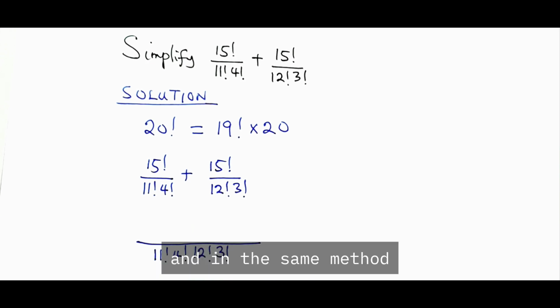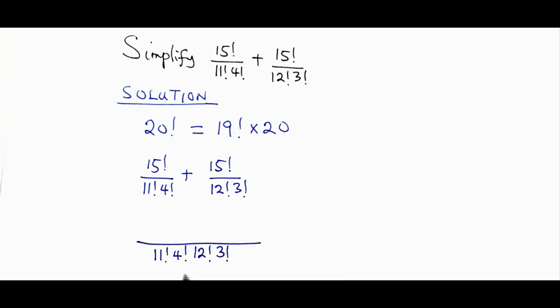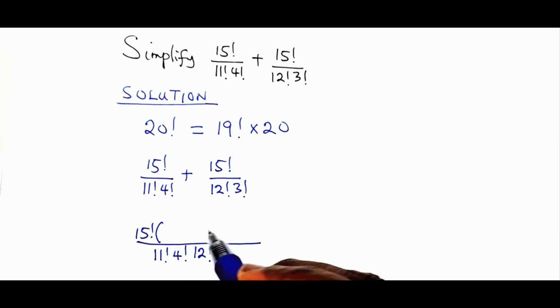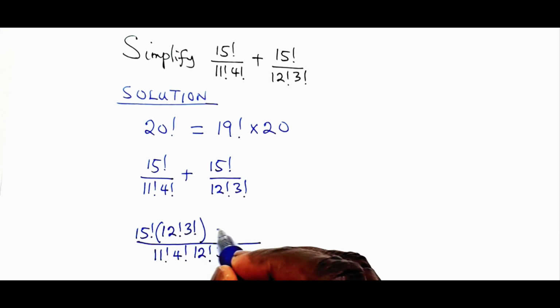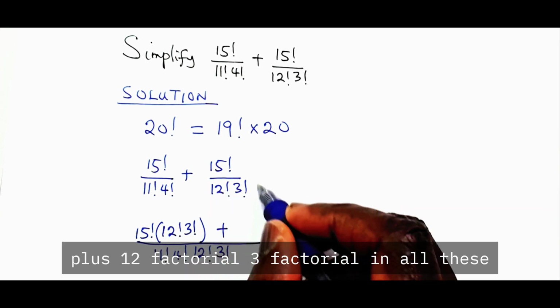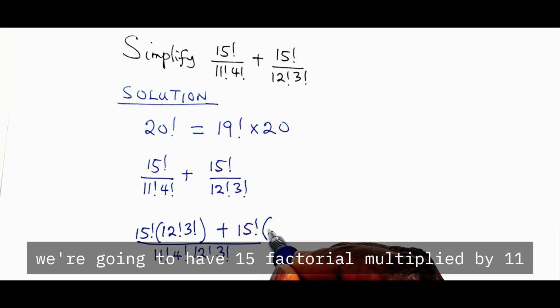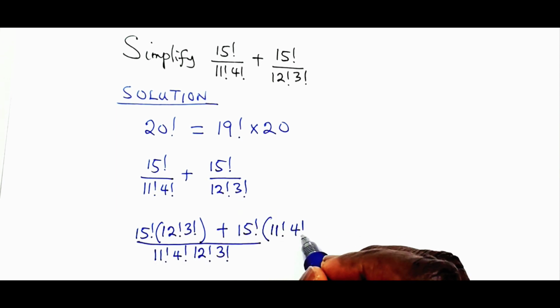And in the same method, if we say 11 factorial 4 factorial in all these, we're going to have 15 factorial into bracket 12 factorial 3 factorial plus 12 factorial 3 factorial in all these, we're going to have 15 factorial multiplied by 11 factorial 4 factorial.